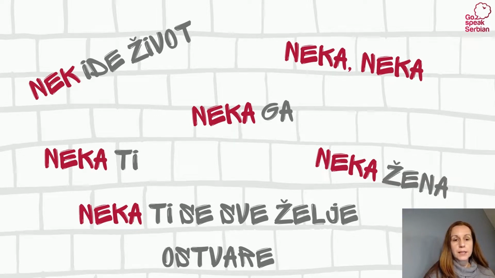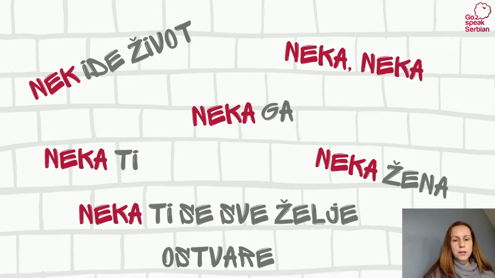So nek ide život, here the word nek, or we can also say neka, means let, and we would translate this sentence as let the life take its course. Then we have these 3 examples, neka, neka ga, neka ti, which more or less have the same meaning, and here the word neka means it's okay, it's fine.